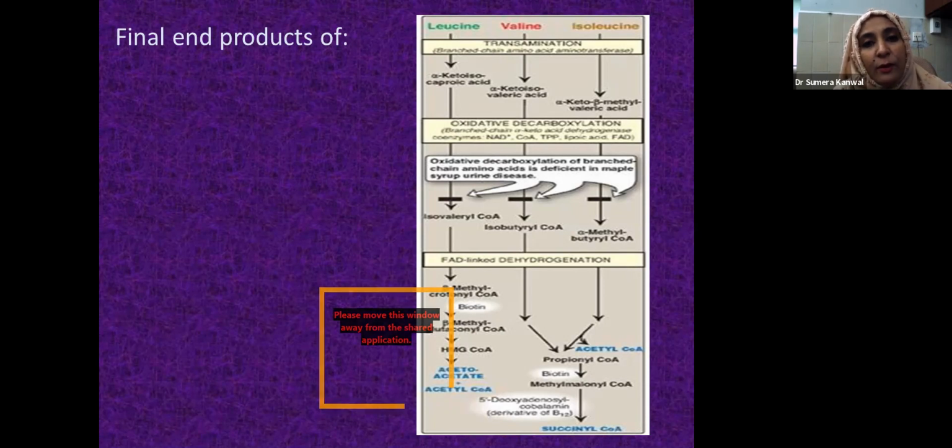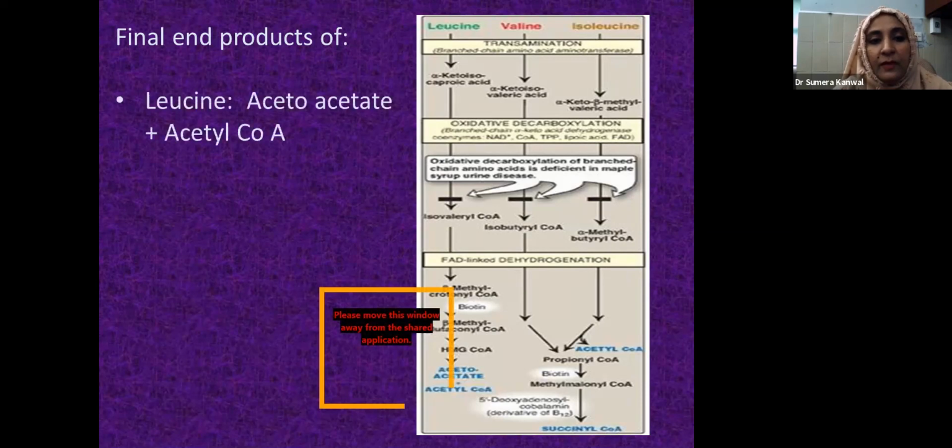In the presence of biotin, the further reactions proceed that finally lead to the formation of acetoacetate plus acetyl-CoA upon the catabolism of leucine. So the final end product of leucine catabolism is acetoacetate and acetyl-CoA.